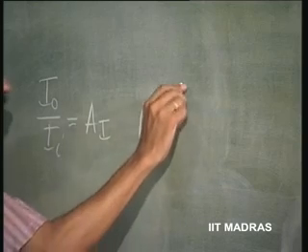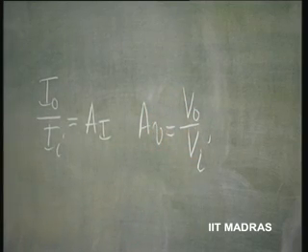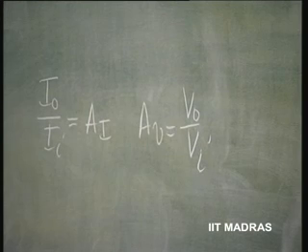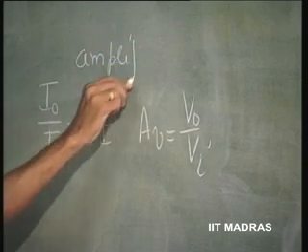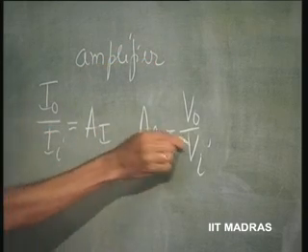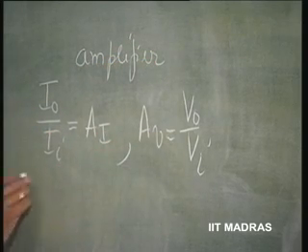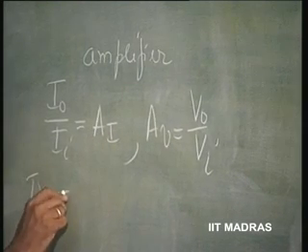AV is V naught over Vi for the amplifier. This is the amplifier current gain and amplifier voltage gain. Then this is called with transducer, right?